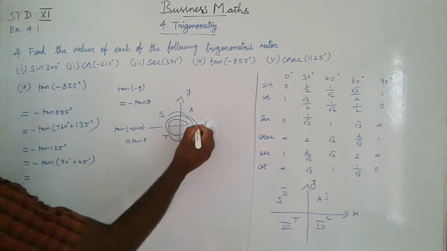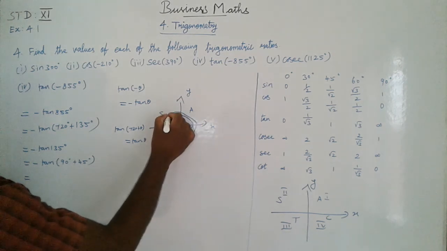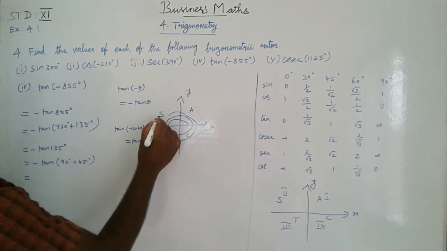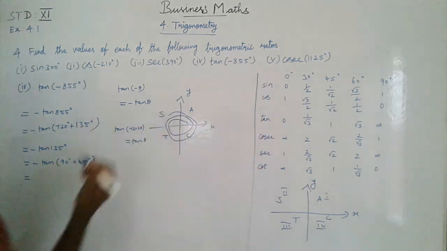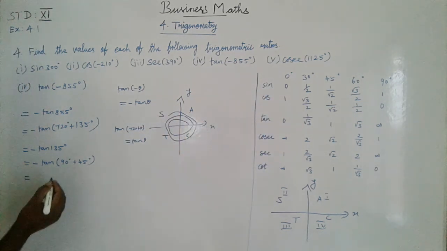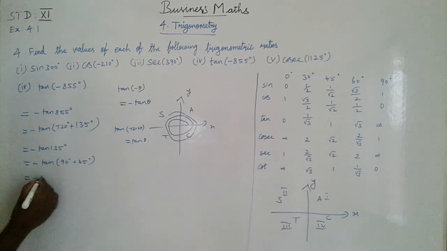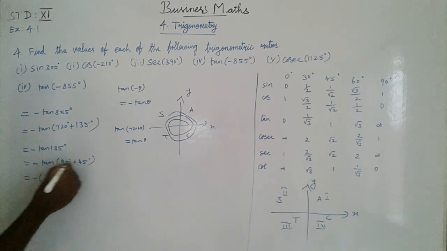90 degrees plus 45 degrees. Which quadrant here? This is the second quadrant. Sine and cosecant values are positive, so others are negative. So minus, tan of 90 plus theta is cot theta.